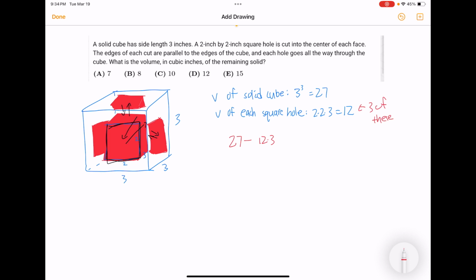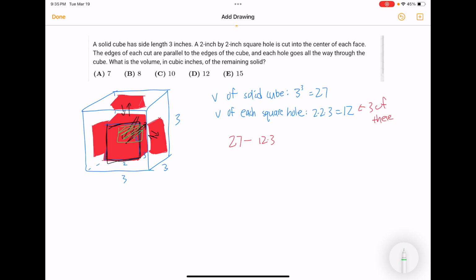All of these square holes going through, again going to the opposite side and the opposite side coming back, are all crossing over the same center cube inside the big solid cube. That can be a little bit confusing, but if you think of it this way, because the square holes are getting caught from each side, the center part is getting overcounted.